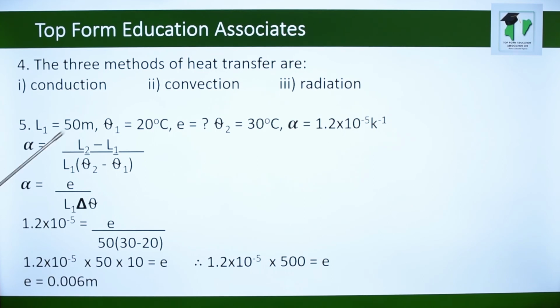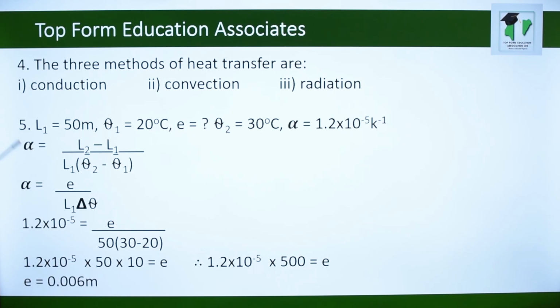Question number 5. From the question, we'll have it that the original length is 50 meters. The initial temperature there is 20 degrees Celsius. And you have to find the extension or the expansion produced. Then you have here that final temperature is 30 degrees Celsius, while your linear expansivity is given as 1.2 times 10 to the power minus 5 per Kelvin.